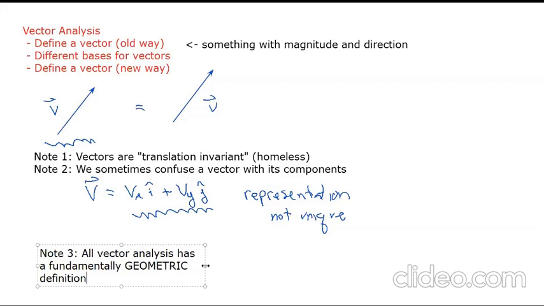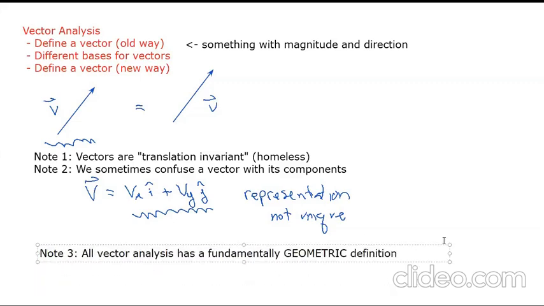And this is the part that kind of gets a little bit lost because components are so useful. So what really is, for instance, the definition of vector addition? Putting one vector at the end of another vector and then seeing what the total vector is as a result.